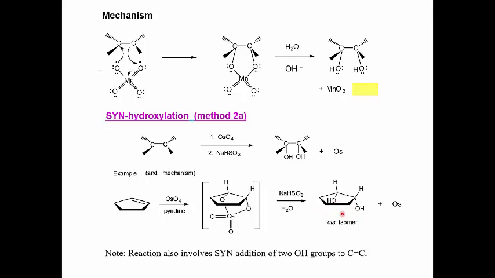And you can see then that both OHs end up on the same side of that ring. It's forming the cis isomer. So this other method using osmium tetroxide is also a syn hydroxylation. Both OH groups bond to the alkene carbons in a syn fashion, a syn addition of the two OH groups.